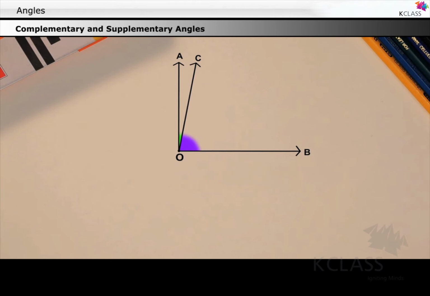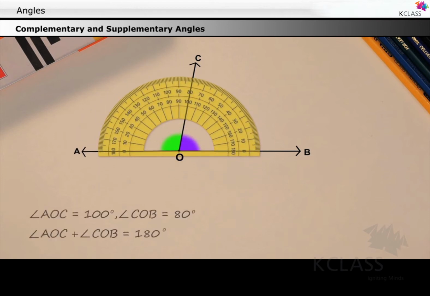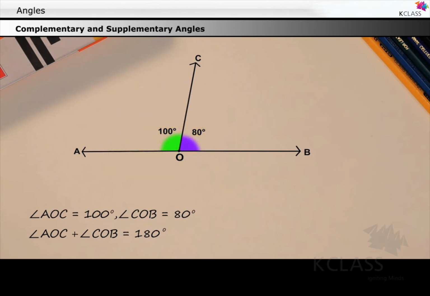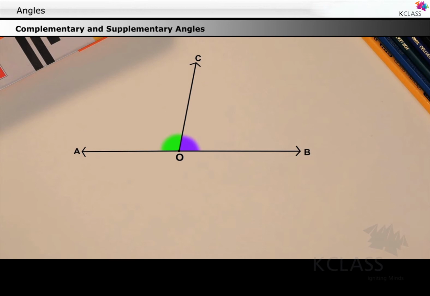Friends, now a contrast. Watch. I am going to move ray OA. Now let's measure angle AOC. And now COB. Totals to 180 degrees. Now I am going to move ray OC again.